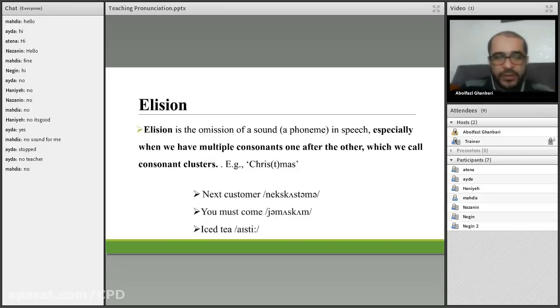Look at this example. We say next customer. Next, we do not pronounce t. It is omission of sounds, omission of a phoneme. You remember that we call the smallest unit of sound a phoneme. By elision, we omit one consonant, especially when we have multiple consonants one after the other, like Christmas, yeah?